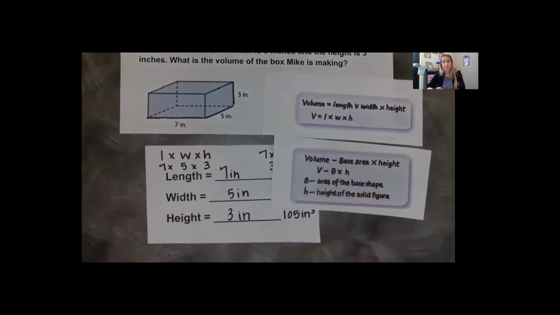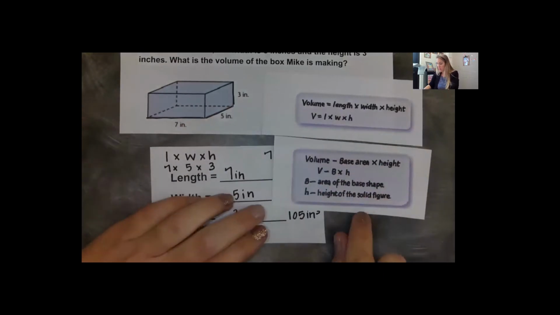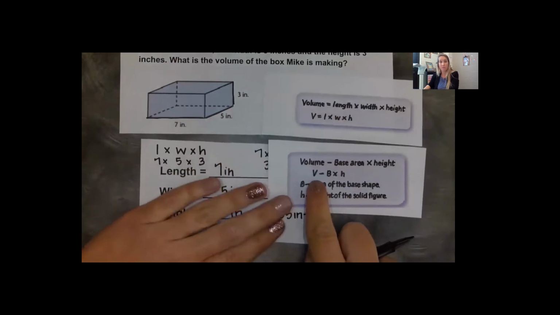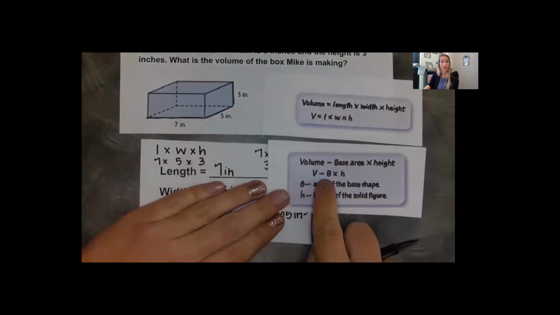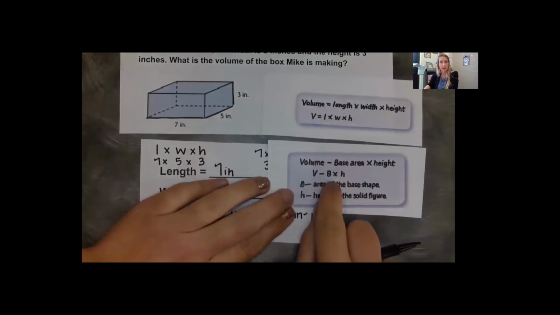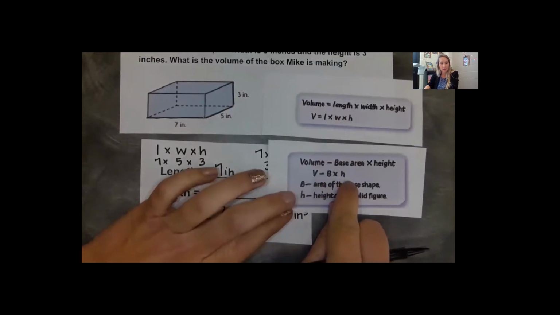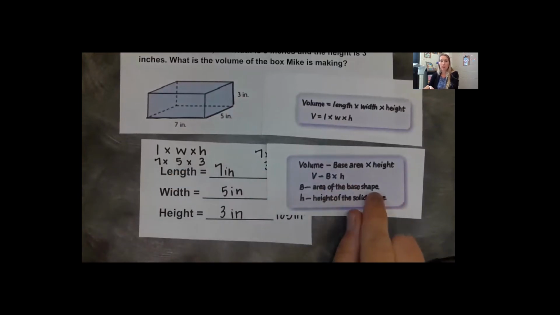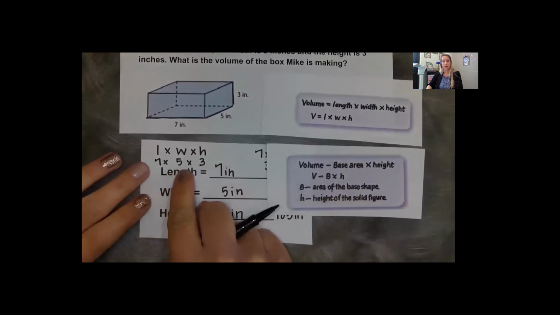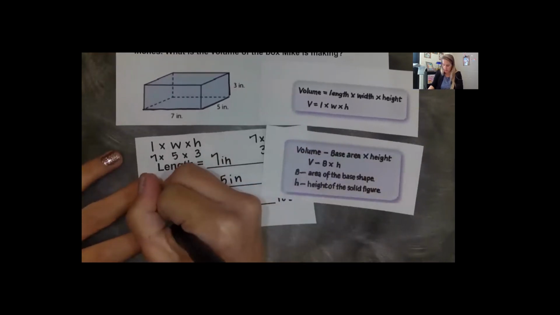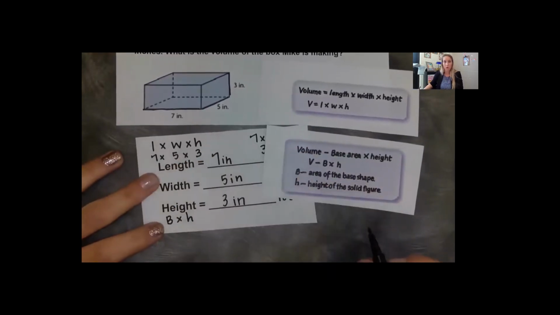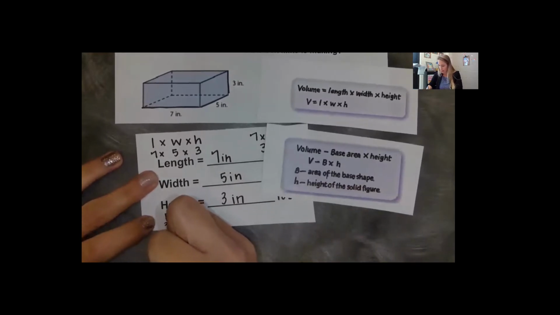Base area times height. You'll notice in shortened form, it is V for volume equals B, base area, times the height. Well, using this formula, instead of 7 times 5 times 3, we would have had 35 times 3.